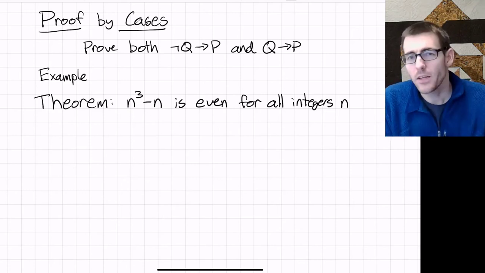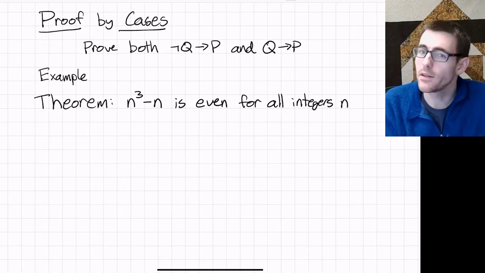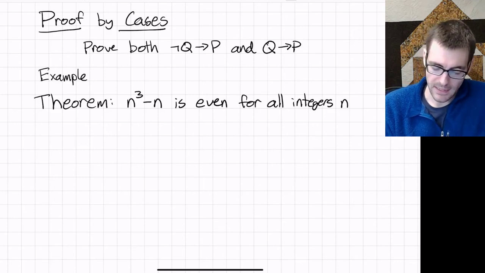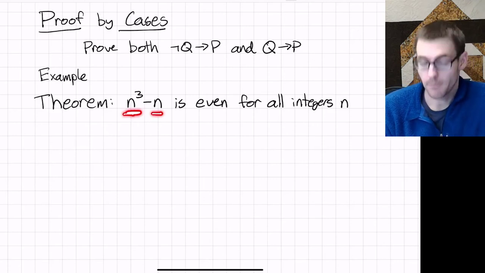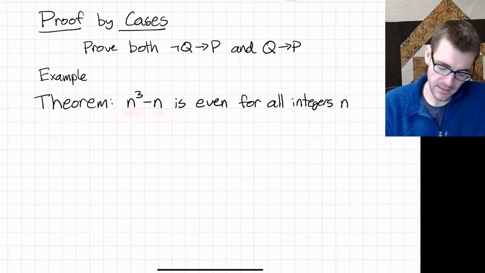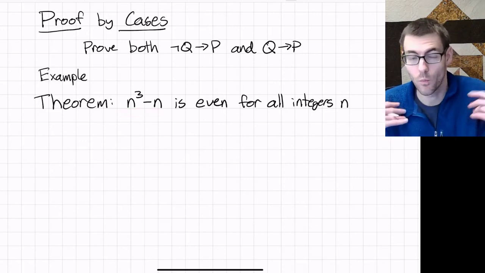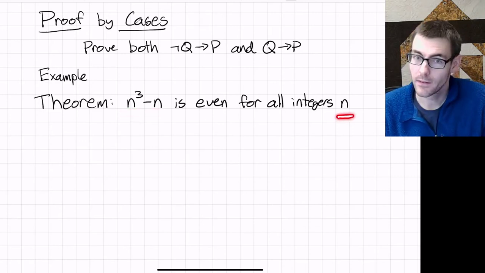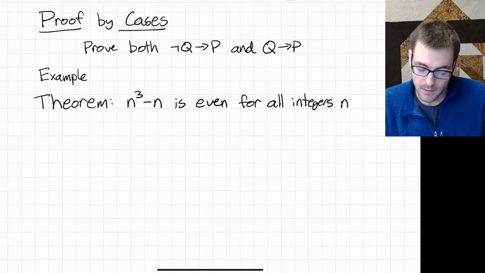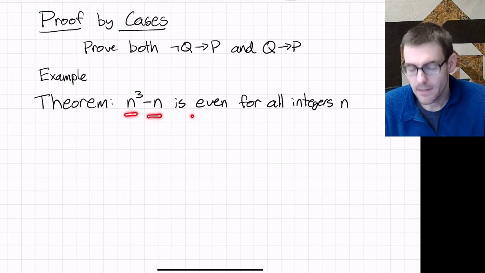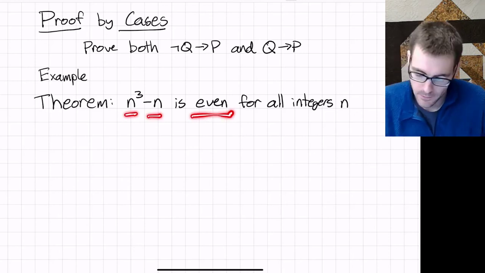And if you did this, you might notice that whenever we have an even number plugged in, we get an even number cubed is even, minus even is even, and odd number cubed is odd, minus odd is even. So whether or not n is even, in either case, n cubed minus n is going to be even.